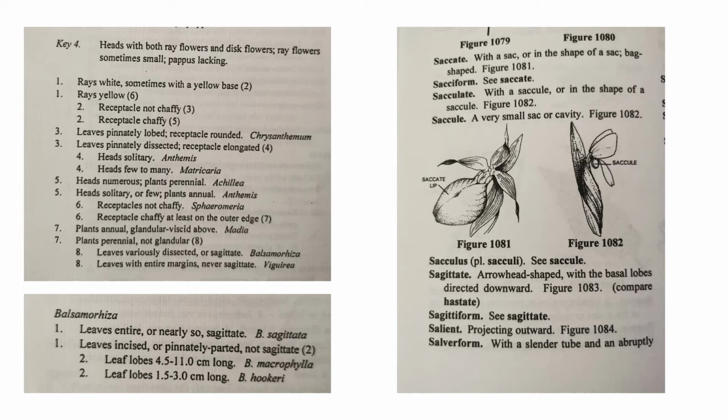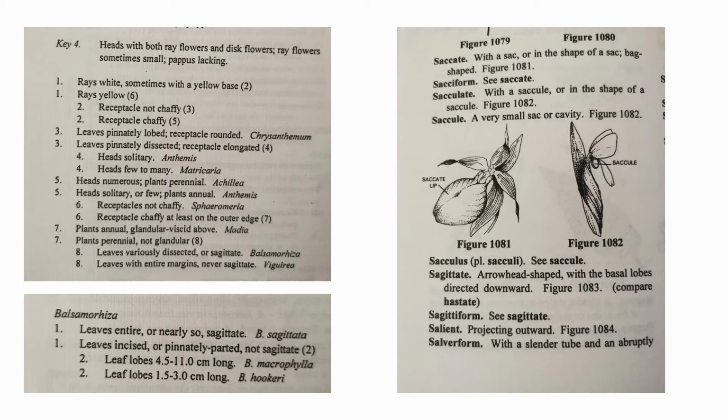So in this situation, the plant is chaffy, has chaff on the outer edge. And seeing that the plants are annual or glandular viscid above, they were not glandular in any part of the plant, and they were not annual, they're a perennial and not glandular. So here we are on to 8.